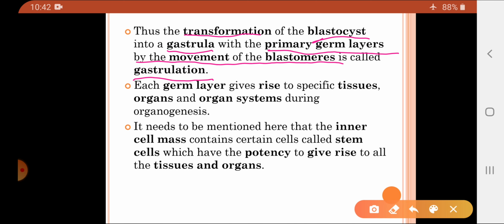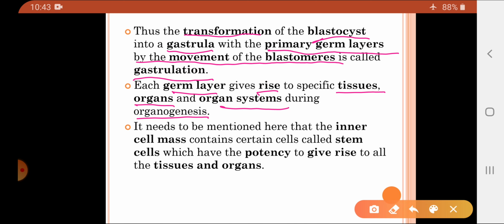Now what is the function of these primary germ layers? Each germ layer gives rise to specific tissues, organs and organ systems during the process of organogenesis. So basically all the tissues, organs and organ systems of the baby are formed from this germinal layer.